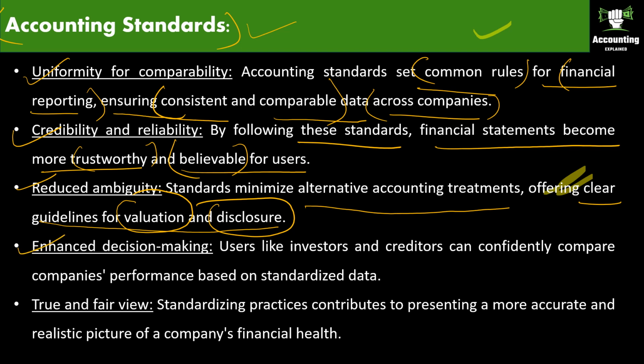Enhanced decision making. Users like investors and creditors can confidently compare companies' performance based on standardized data. So there will be standardized data across similar companies. Investors and creditors can compare our company with similar companies in the same line, and they can confidently have a good picture of our company for their decision making.